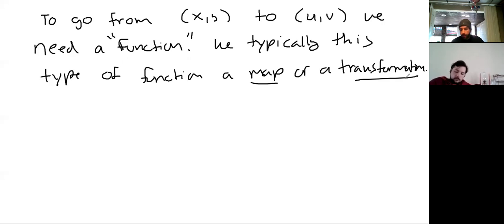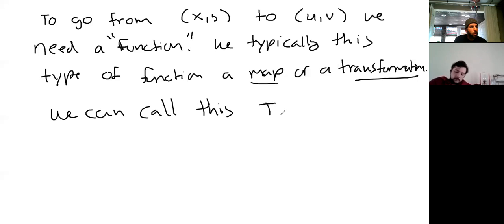So we can think about, we have this new function, we'll call it T for transformation. So what does T do? T takes a point and maps it to a new point.